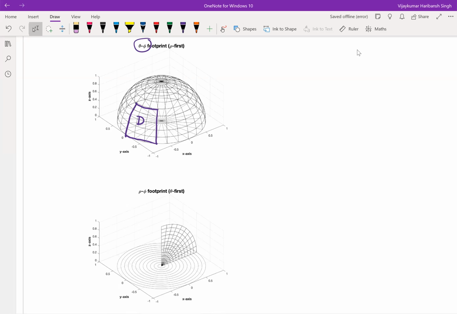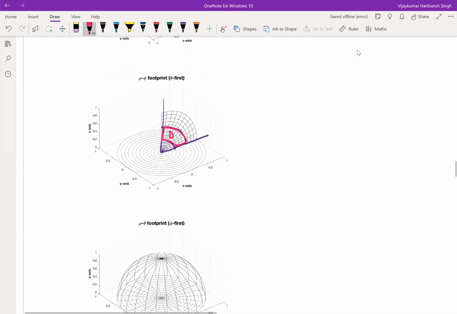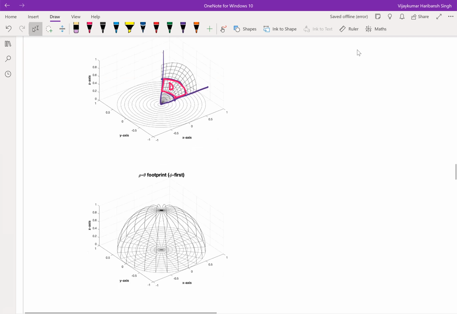All right. Now, the next one could be theta first. In that case, you take an angle theta fixed, and for this half plane, you look at the intersection, and then you get your region D. Let me use a different color. So your region D of integration when you do theta first lies in that slice, right? Now the next one could be phi first. When you're doing phi first, the idea is you fix a phi.